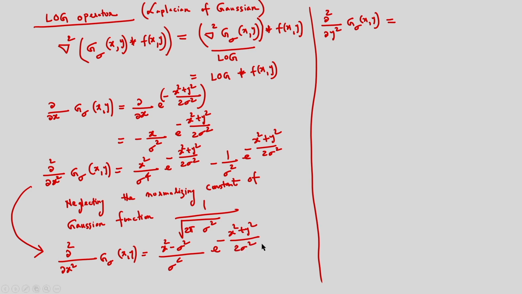And similarly for y it will be y square minus sigma square over sigma to the power 4 e to the power minus x square plus y square over 2 sigma square.